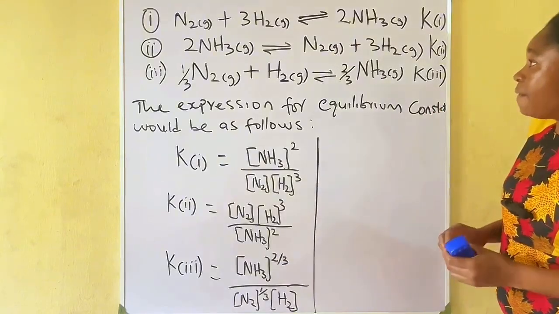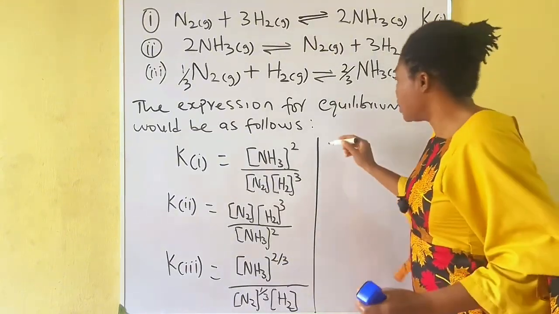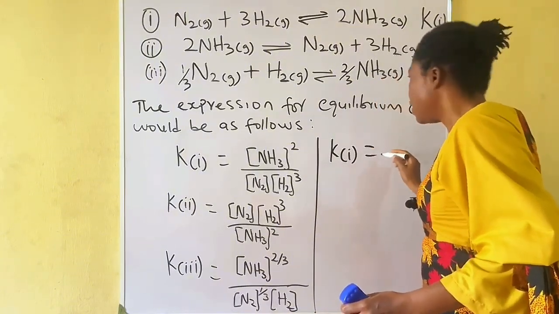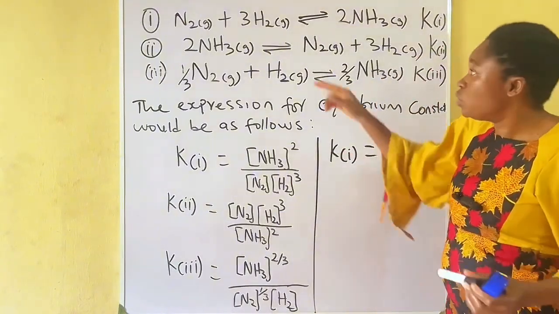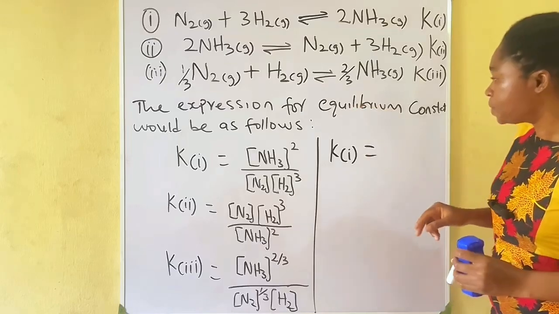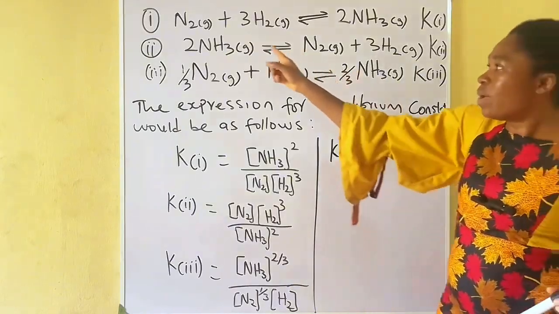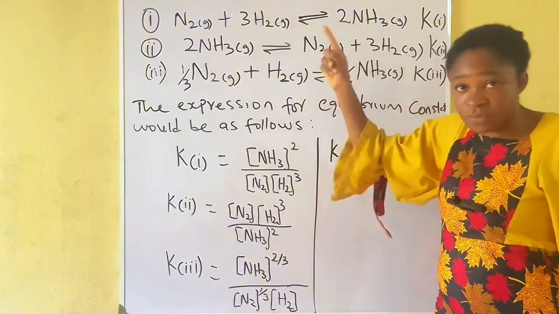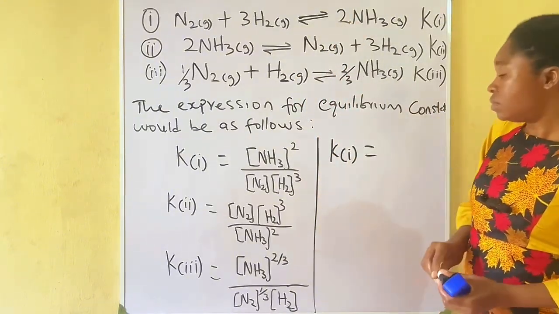Okay, let's look at the equilibrium constant for equation 1. Let's see the relationship between equation 1 and equation 2. Of course, equation 2 is the reverse, the inverse, of equation 1.